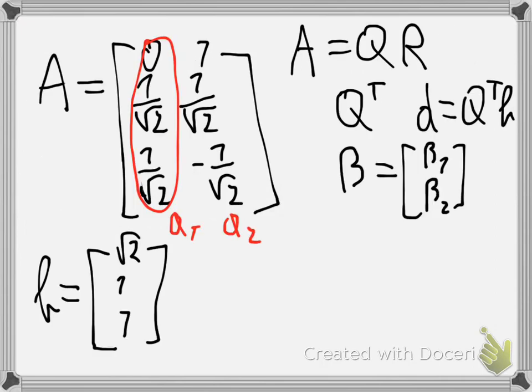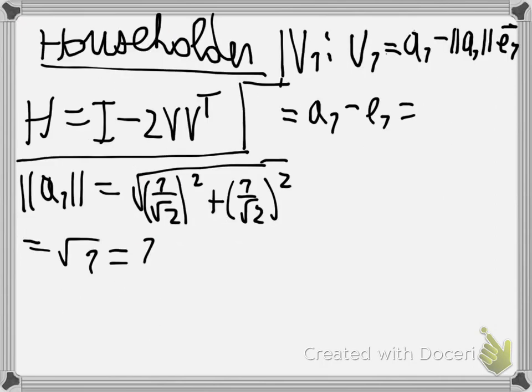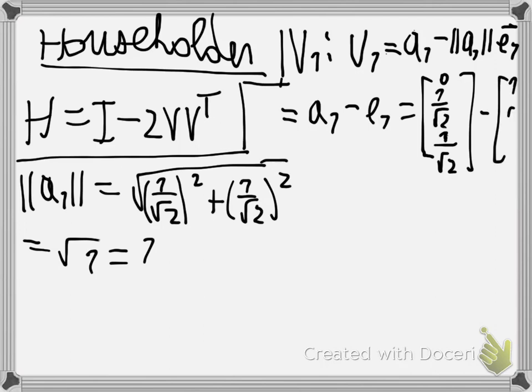And so if I do that, I will get the vector 0, 1 over square root of 2, 1 over square root of 2, minus the length, which is 1, times 1, 0, 0.